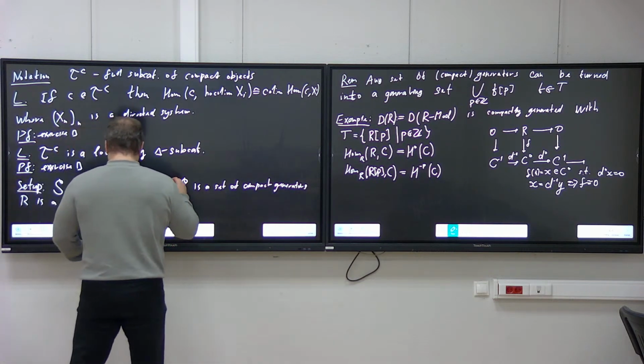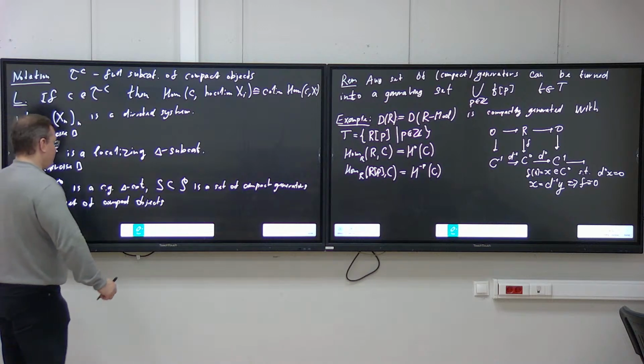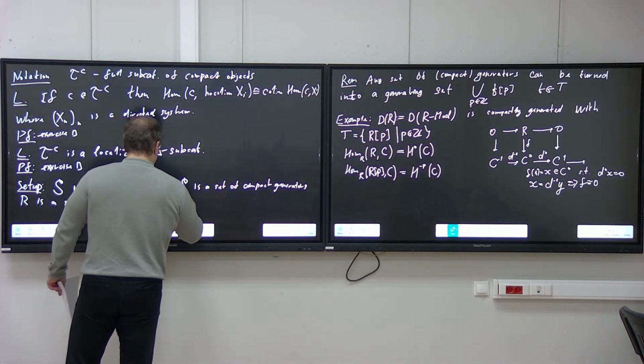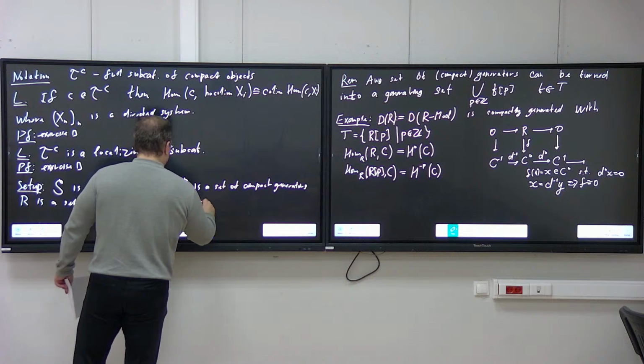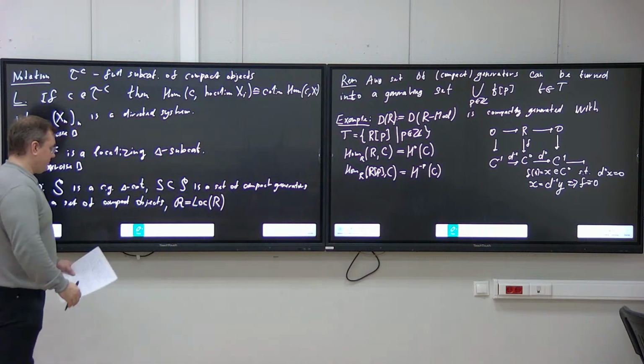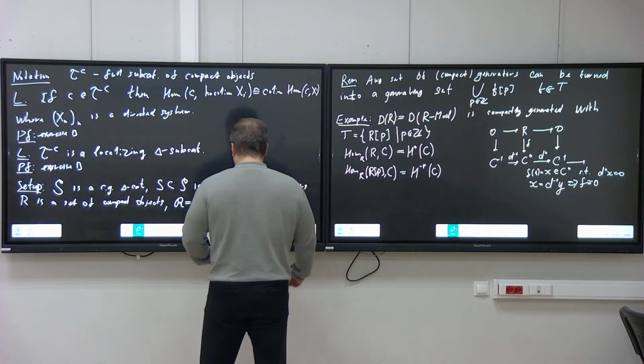Right. So any set of compact objects, it's not related to the S. So just take any set of compact objects, and then you can define subcategory R, which is by definition the localizing closure of the set R. And then there is a quotient functor.